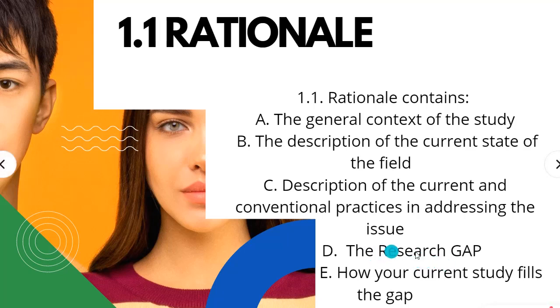So, for example, you would like to research, for the same example, parenting style and academic performance. In parenting style, what is the gap, what point has not really been further discussed by researchers? It's not always possible to address everything.